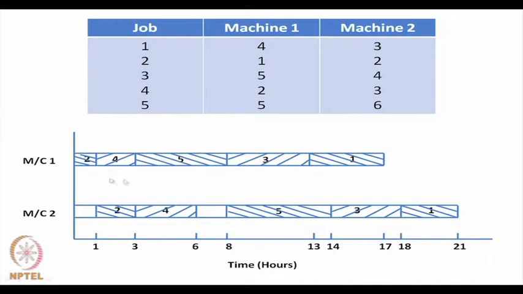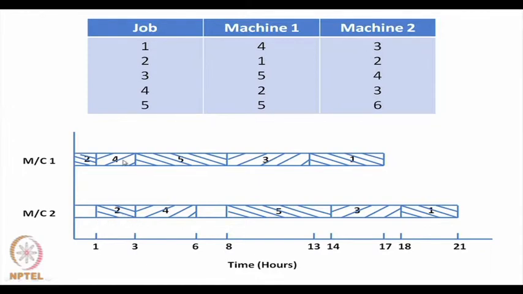That is for machine 1. Now, you see for machine 2, job 2 can start only after its work on machine 1 is over. Therefore, job 2 can start only at this point. Machine 1 takes 1 hour for job 2, so at the end of 1 hour, machine 2 can take up job 2.